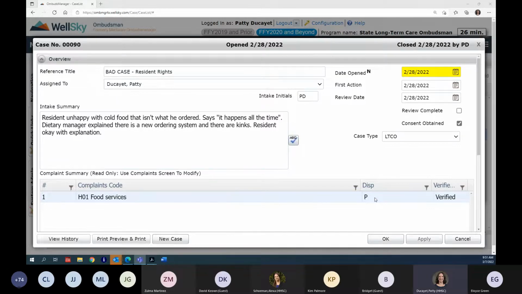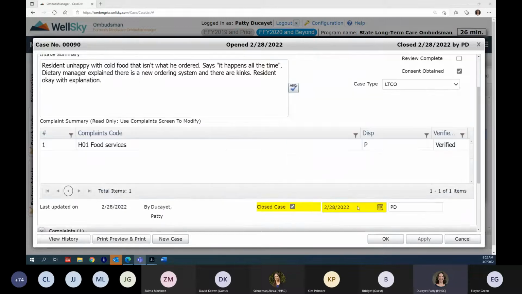Apples is pointing out that she doesn't see the name of the resident. And Miguel makes the point, I think, that I was trying to make earlier, that it's kind of like everything gets dumped here in the intake summary, but it sure isn't much and it sure isn't enough detail.